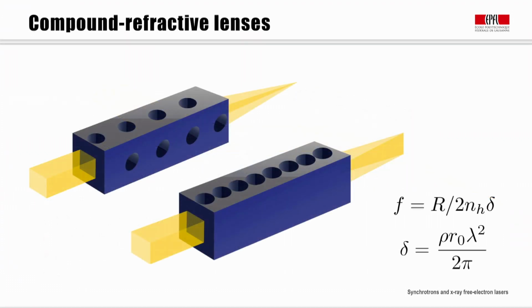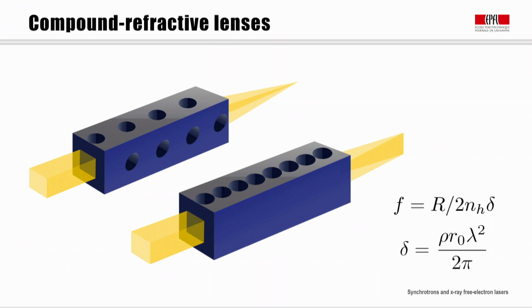We finish this video with a discussion of refractive and diffractive focusing elements. Compound refractive lenses, or CRLs, in their simplest form consist of holes drilled out of transparent materials such as beryllium, transparent for X-rays that is. The focal length is given by the hole radius R divided by 2 times the number of holes N_h and the refractive index decrement delta.